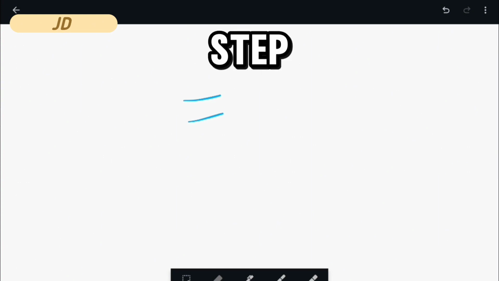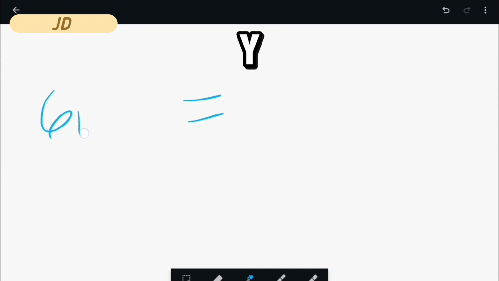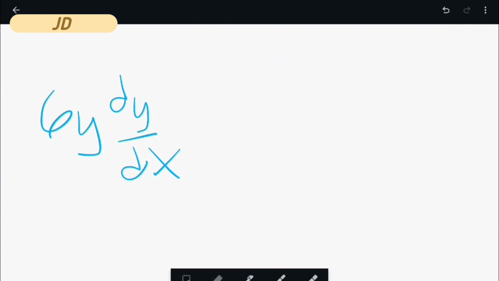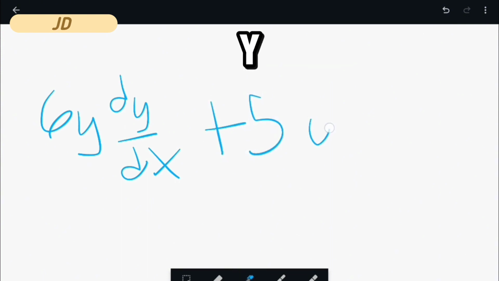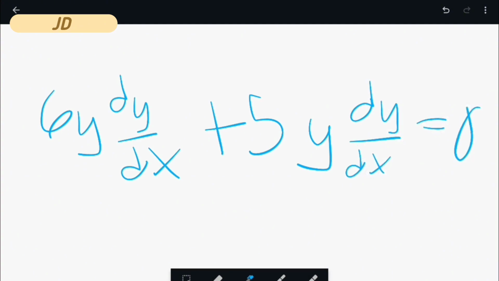Third step, factor out dy over dx if necessary. So, for example, if there's like 6y dy over dx plus 5y dy over dx is equal to 0.